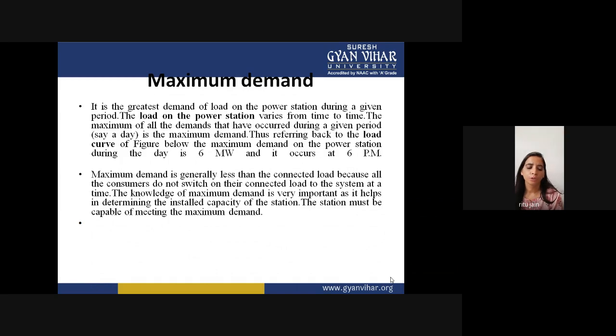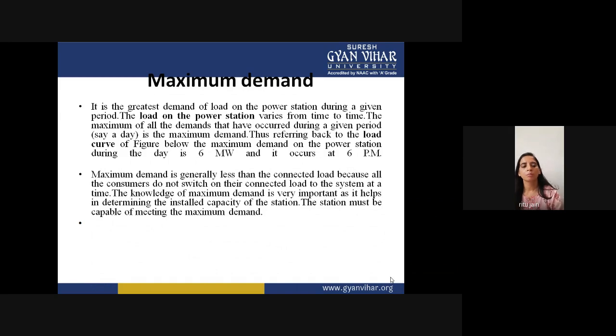Okay? Suppose in your house you have 10 electrical appliances, like 5 fans and 5 bulbs, one refrigerator, one cooler, and one AC. But at a time you are not using all of them simultaneously.